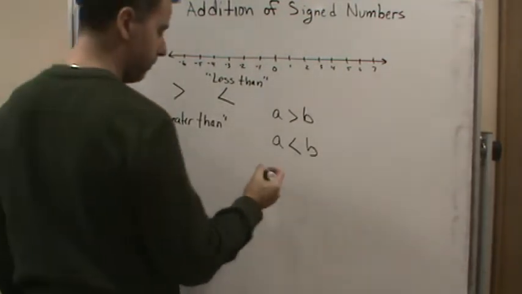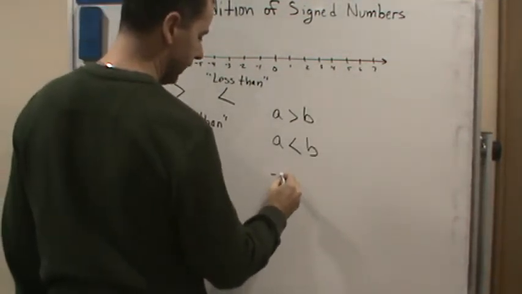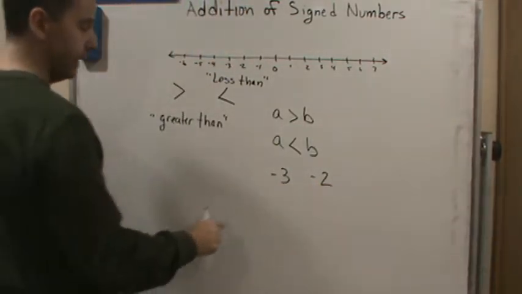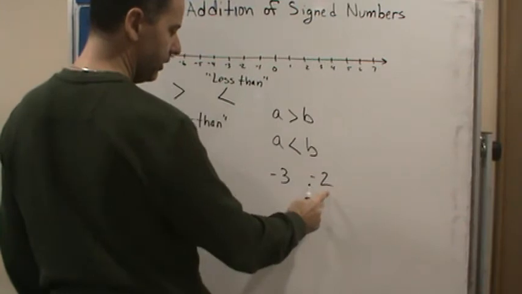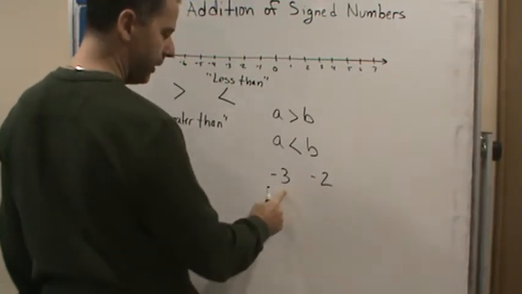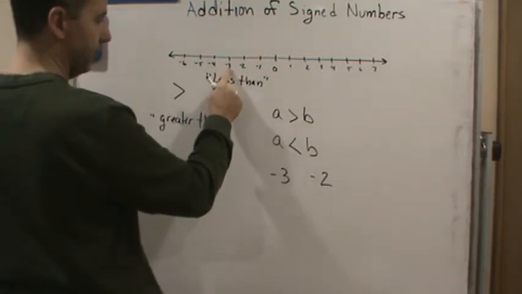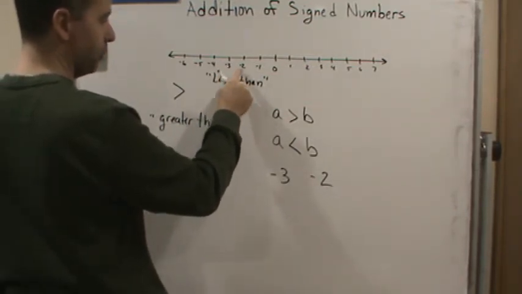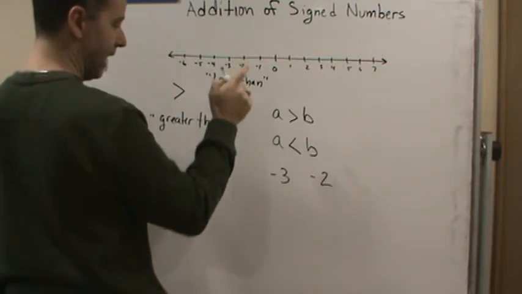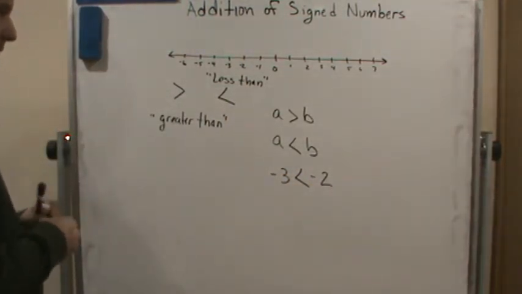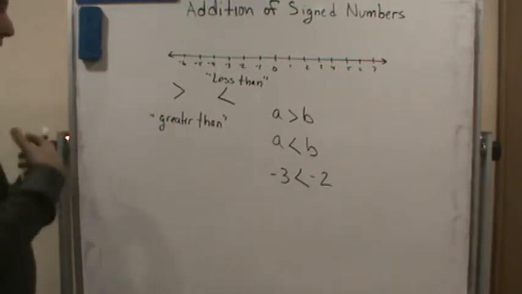So for example, if I am comparing -3 and -2, is -3 less than -2 or greater than -2? Look on the number line. -3 comes to the left of -2. That means -3 is less than -2. And that's what we want to keep in mind.